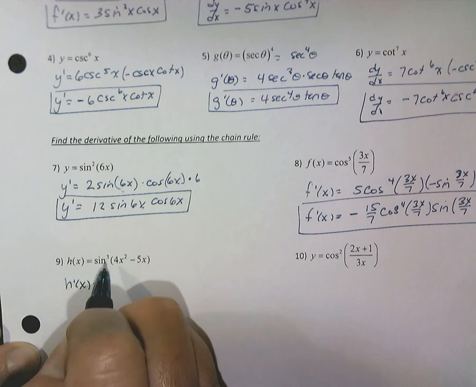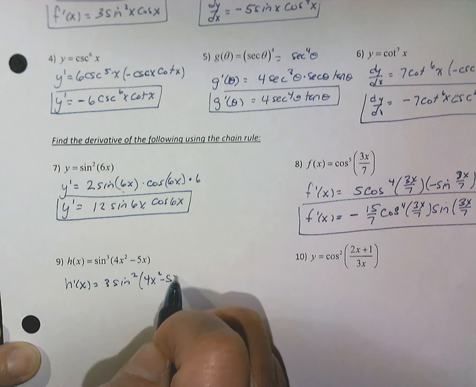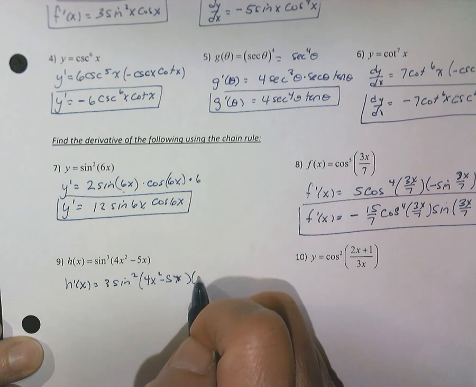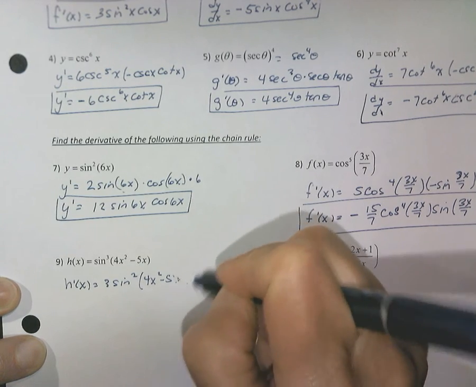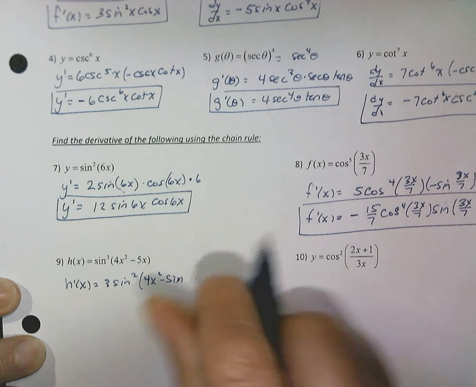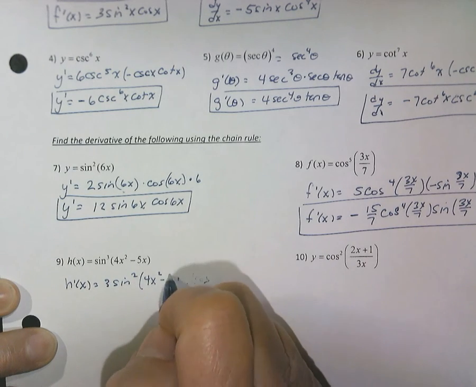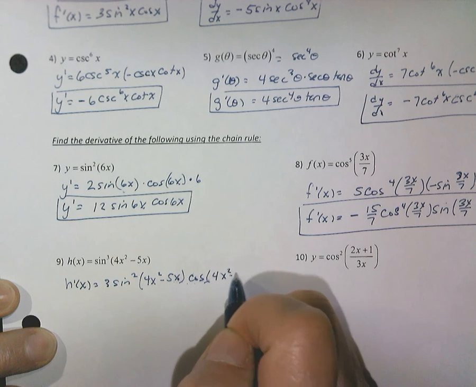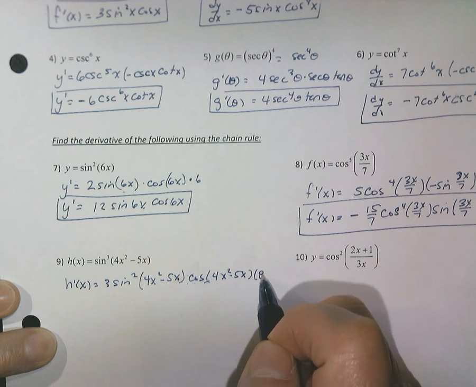So h prime of x is equal to 3 comes in front, sine squared of 4x squared minus 5x, times the derivative of sine, which is going to give you cosine 4x squared minus 5x. And then multiplied by the derivative of 4x squared minus 5x, which is going to be 8x minus 5.